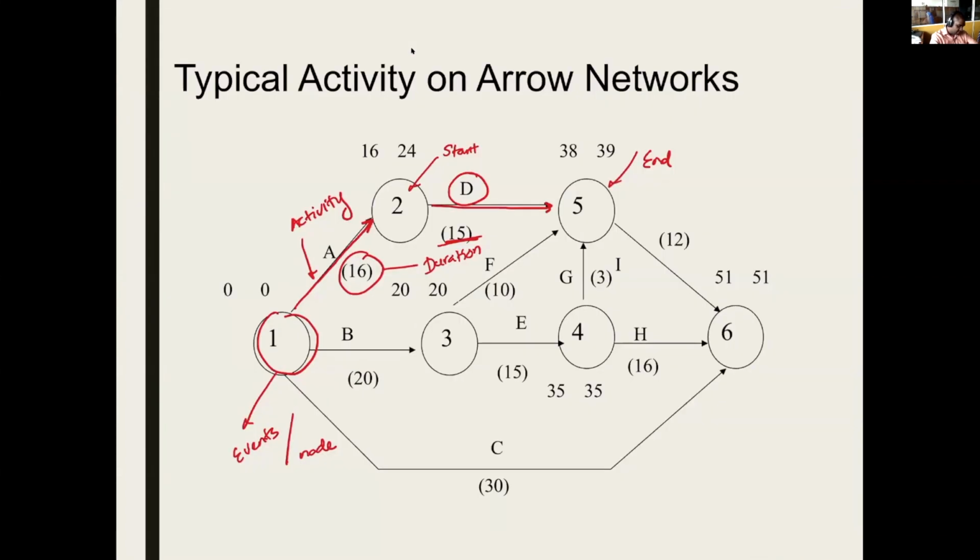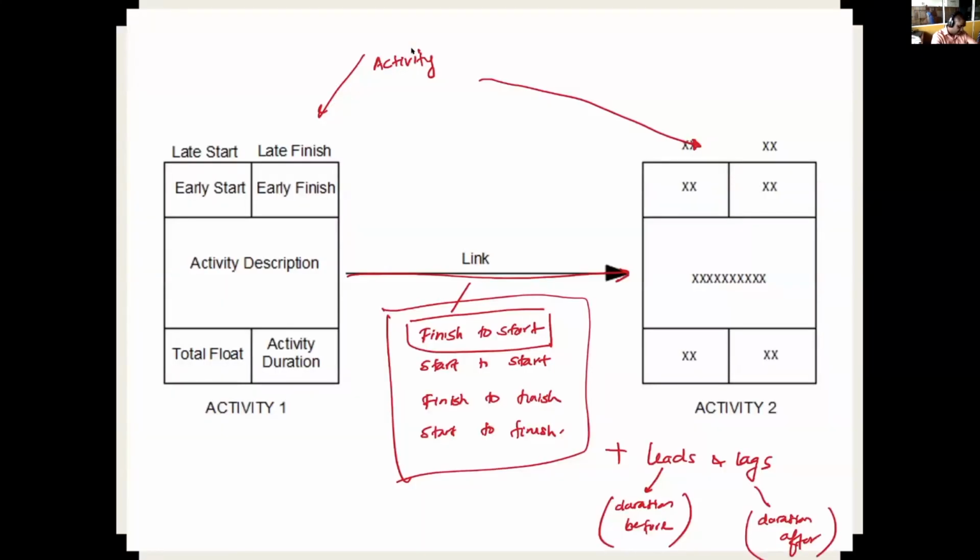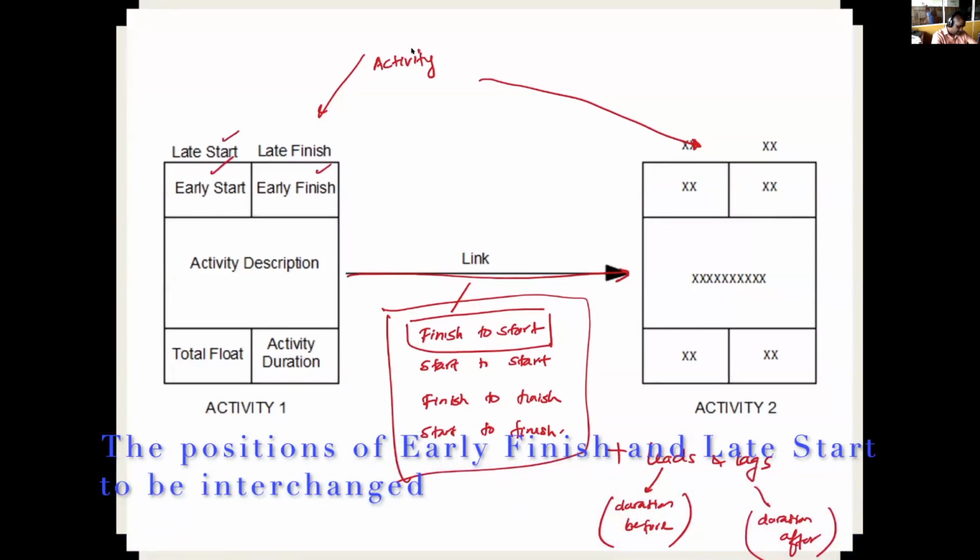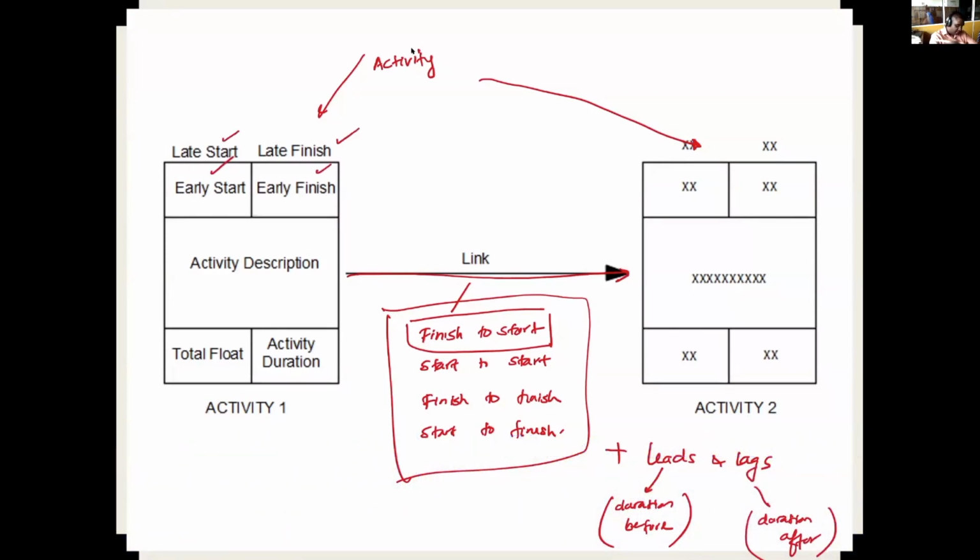In the previous case, this was the early start for activity A. This is the late start. This is the early finish. This was the late finish. Here we have all this. Early start, late start, early finish, late finish. And there's a place to write the activity name, maybe excavation or rubble work or whatever, or A, B, C. Activity description is that.